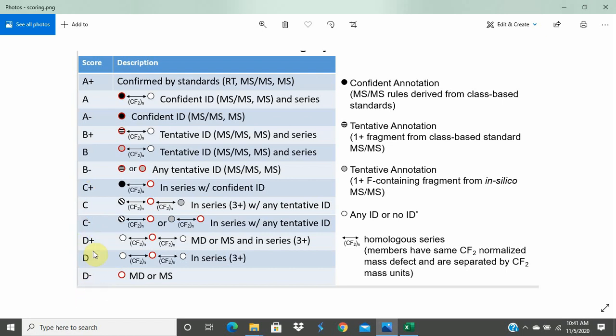Score D are assignments with any MS-MS annotation and without other members of a homologous series containing MS-MS annotations. These compounds, though, are possible PFAS and potentially new or unknown PFAS not found in databases. Score E does not fit any of the criteria mentioned above and hence are not likely PFAS, although some exceptions do exist.